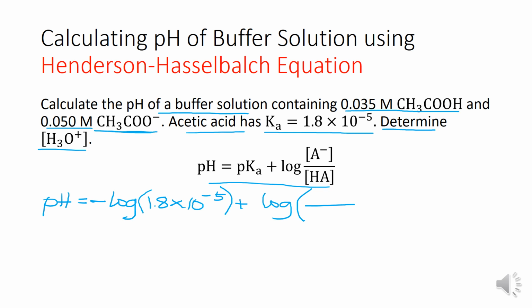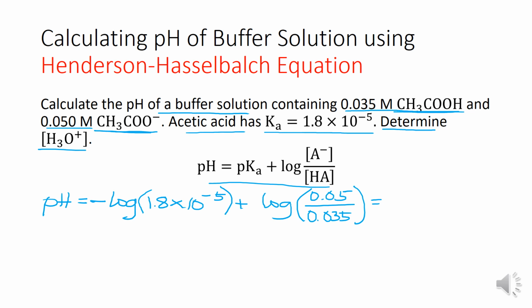So we have 0.05 molarity. Again, we can ignore the x, remember, because it is very small. It is close to zero. And for the concentration of the conjugate acid, we have 0.035. Let's calculate the value.